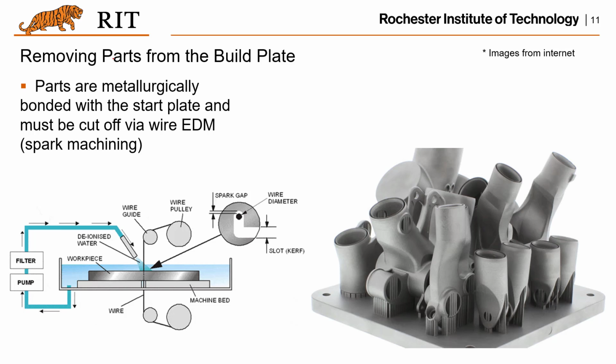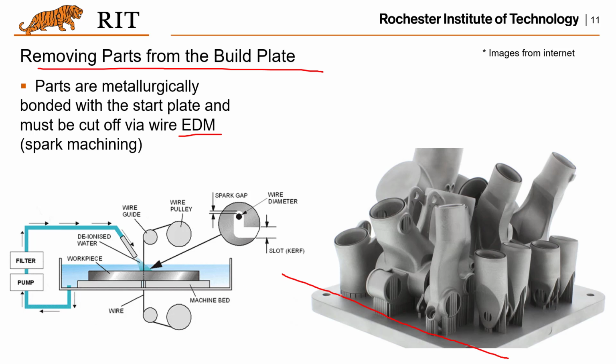So here are some ideas on how you remove the part from the build platform. There's a process called EDM, or the spark machining process. A very thin wire is used to remove the part from the building platform.